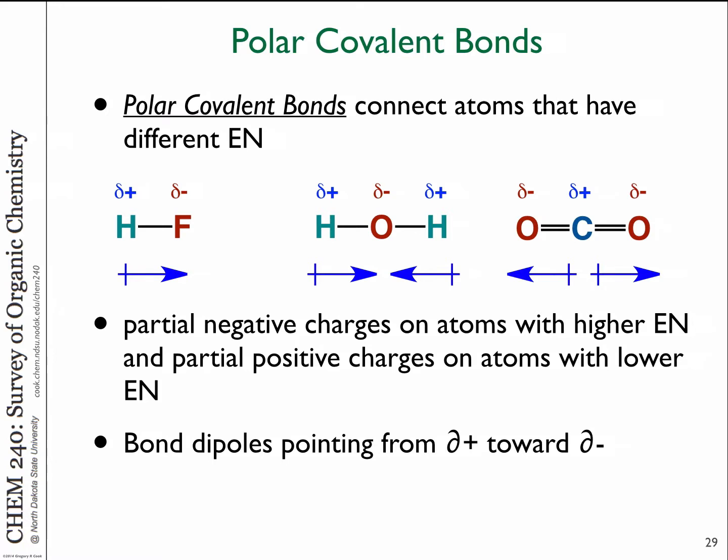The extreme of a polar covalent bond: if you get a further and further difference in electronegativity, then you actually have electrons transfer and you form ionic bonds. Sodium chloride, for example, has a big difference in electronegativity, on opposite sides of the periodic table.